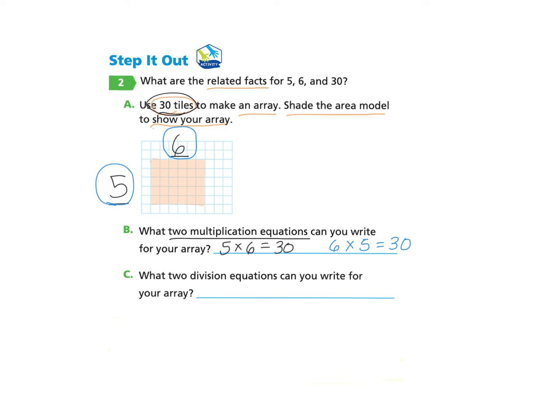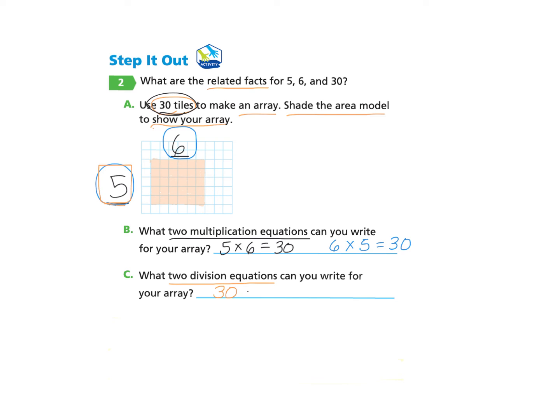Part C asks, what 2 division equations can you write for your array? Again, you are welcome to pause and try this on your own and come back, or just follow along here with me. So I would show that there were first 30 tiles, and then I broke them into groups of 5.